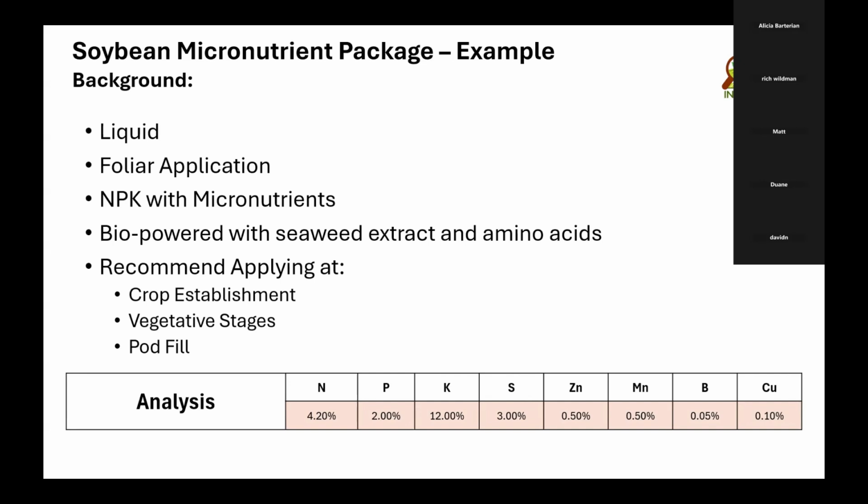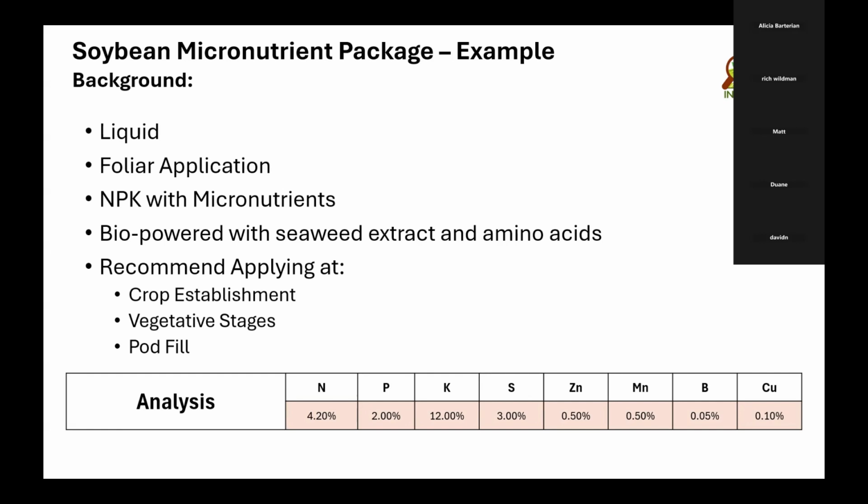So here again, we're in this really big window, which we just talked about with corn. You need to dose these micronutrients at the right time. Buyer beware when you see this on a label. Get with an agronomist or do your research and make sure that if we're going to be putting on one of these micros, we put it on at the right time.